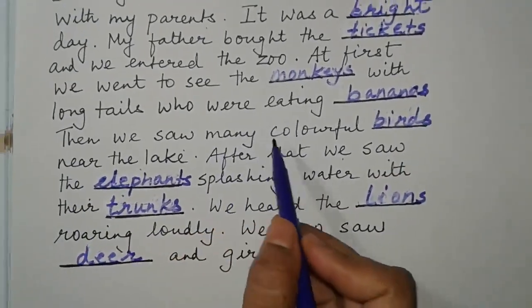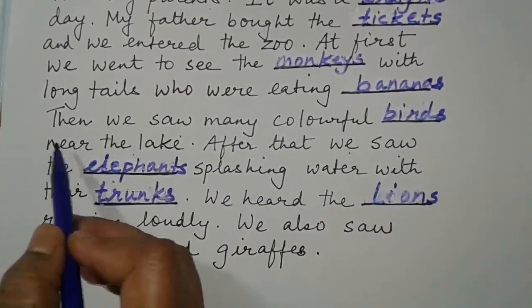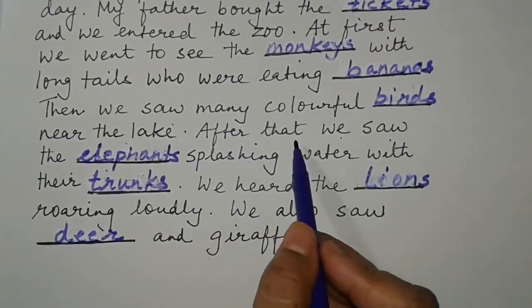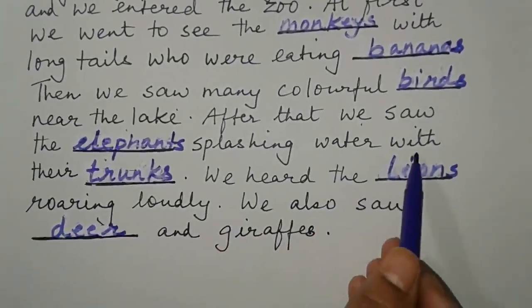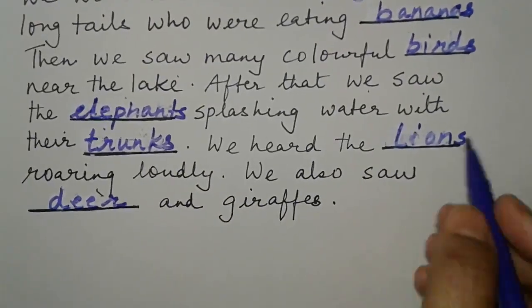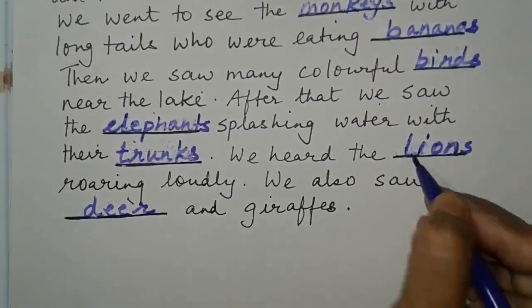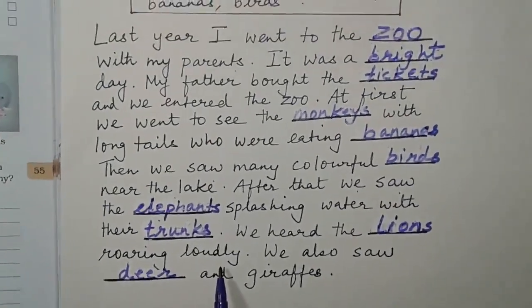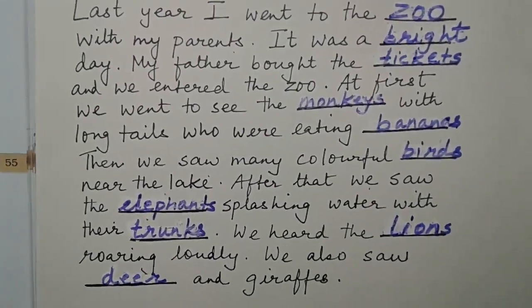Then we saw many colorful birds near the lake. After that, we saw the elephants splashing water with their trunks. We heard the lions roaring loudly. We also saw deer and giraffes.